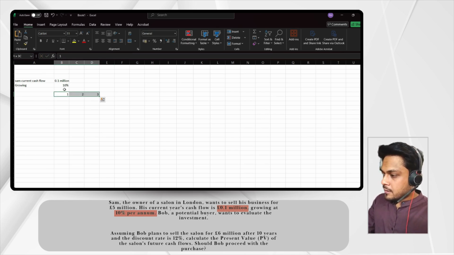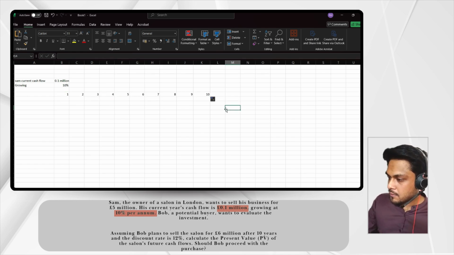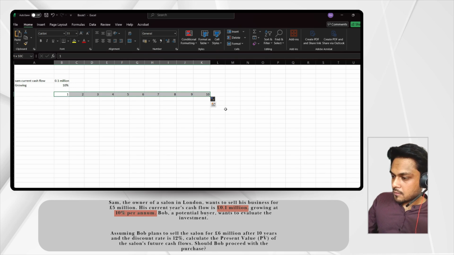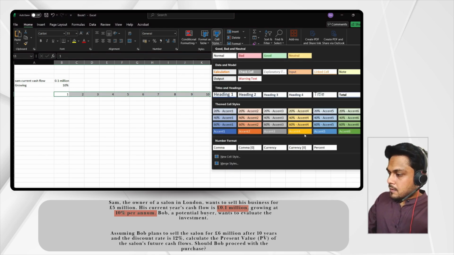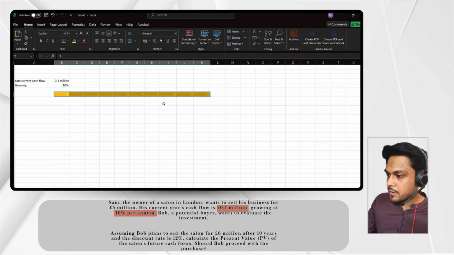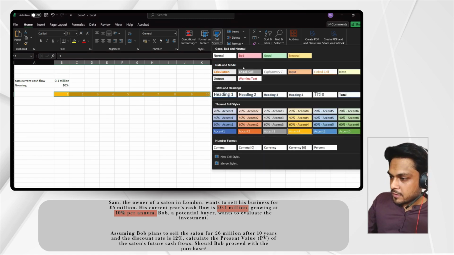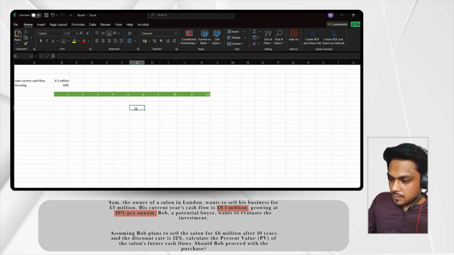Now we will create the time series: 1, 2, 3, up to 10. Let's decorate it so that it will look stunning. That's it. Done.